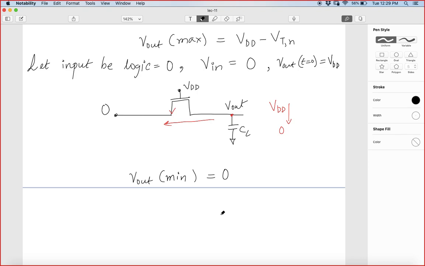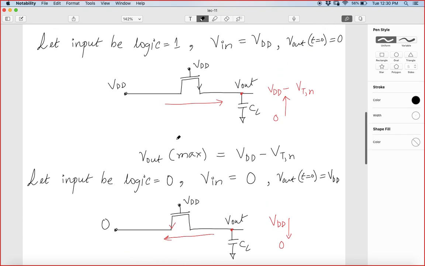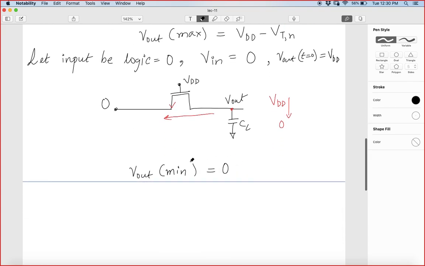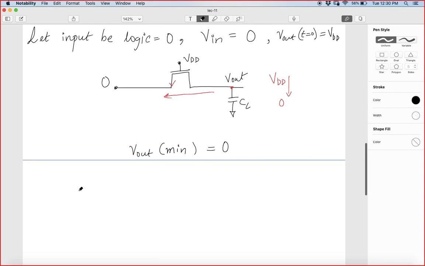What we understood is that there is a limitation: the maximum voltage in this situation can only be VDD minus the threshold voltage. However, the minimum voltage can go all the way to 0.